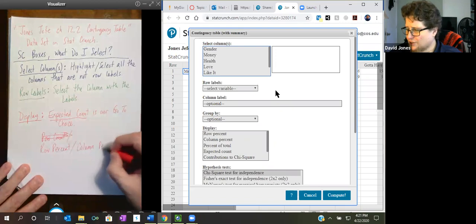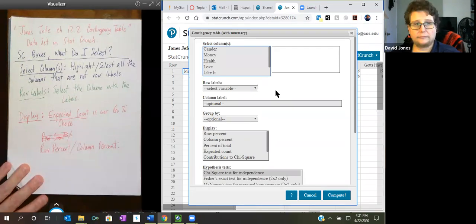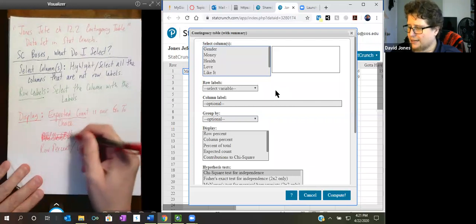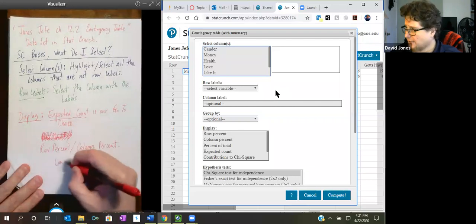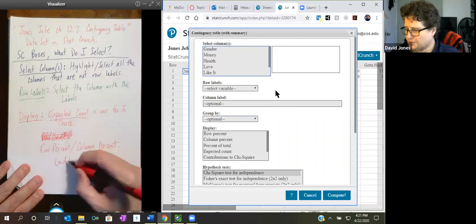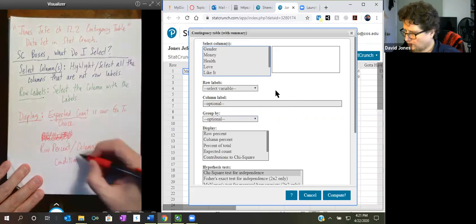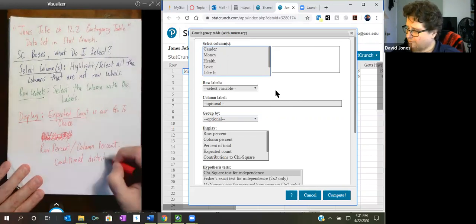And I'll illustrate that in just a second, because it's very much how this comes into the conditional probability or conditional distribution. Sometimes they say frequency distribution.